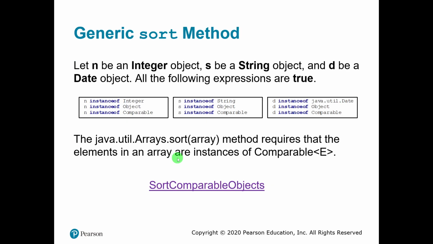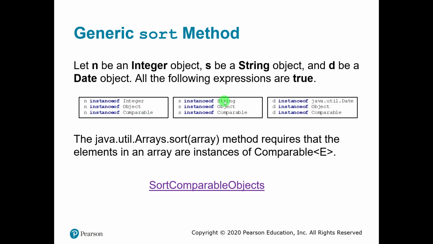But because they all have Comparable, they can also be used in the sort method. Remember generics? We had a generic sort. Let n be an Integer object, s be a String object, and b be a Date object. The following expressions are true. N is an instance of Integer, it's also an instance of Object, and it's also an instance of Comparable because the Integer class implements the Comparable interface.